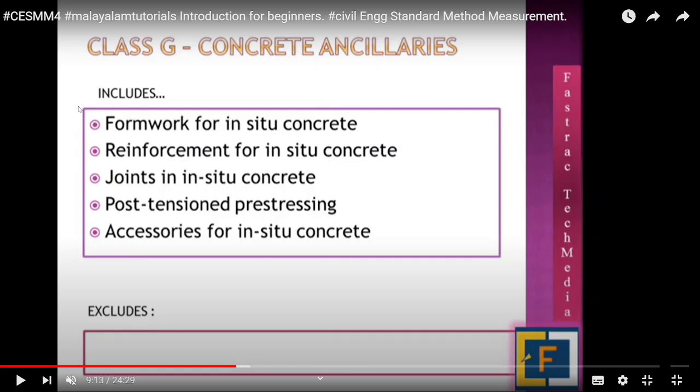Formwork for in situ concrete is measured separately. Joints in concrete are measured separately. Reinforcement for in situ concrete is a separate measurement. The balance of other things is not common, but accessories for in situ concrete, that also you have to understand.